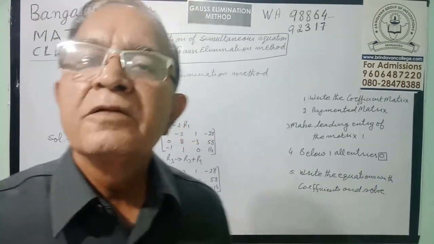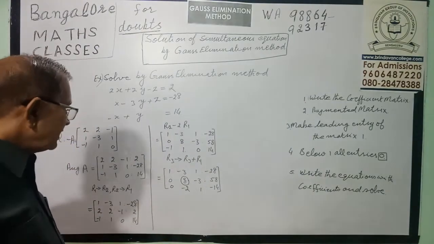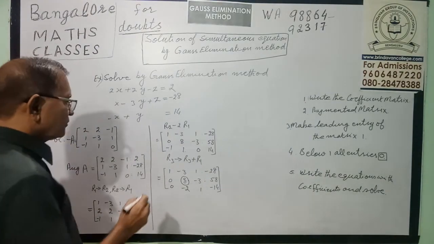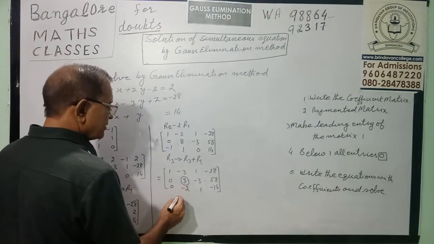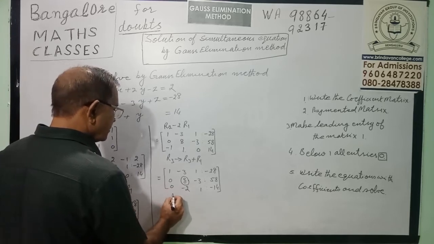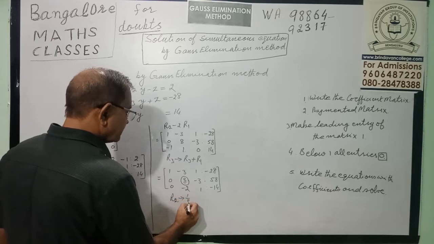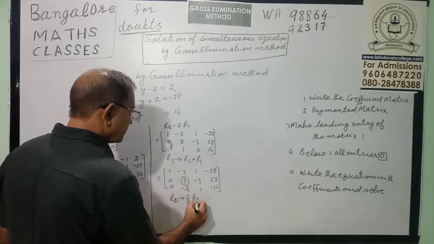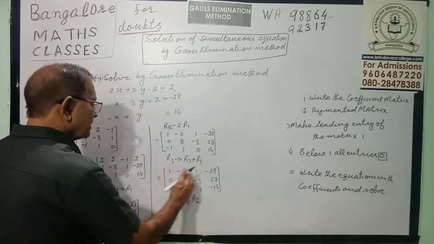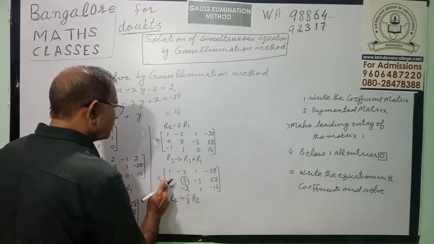Now what we want? We want to make leading entry of second row as 1. What we will do? R2 to 1/8 of R2. Means divide the second row by 8.